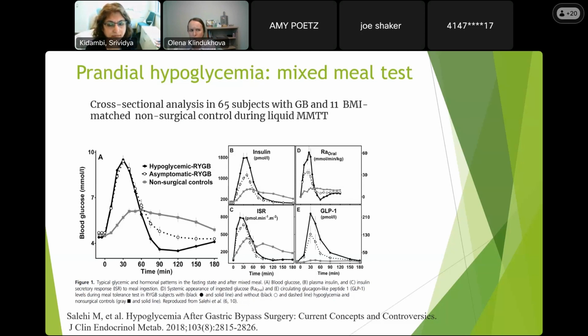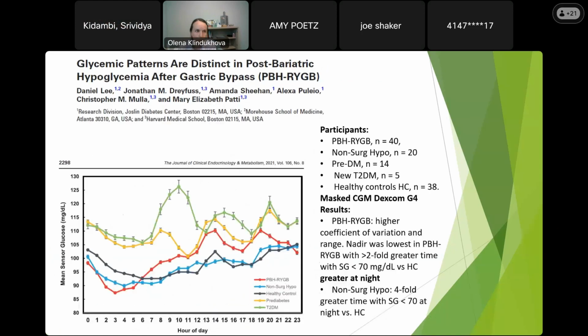They demonstrated that in post-bariatric hypoglycemia, we will see elevated insulin level as a result of elevated GLP-1 level, GLP-1 leading to increased insulin level.